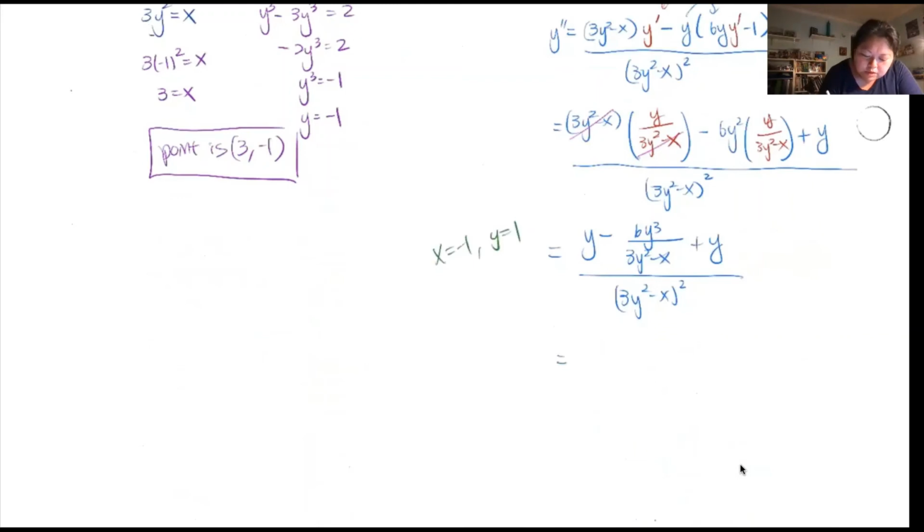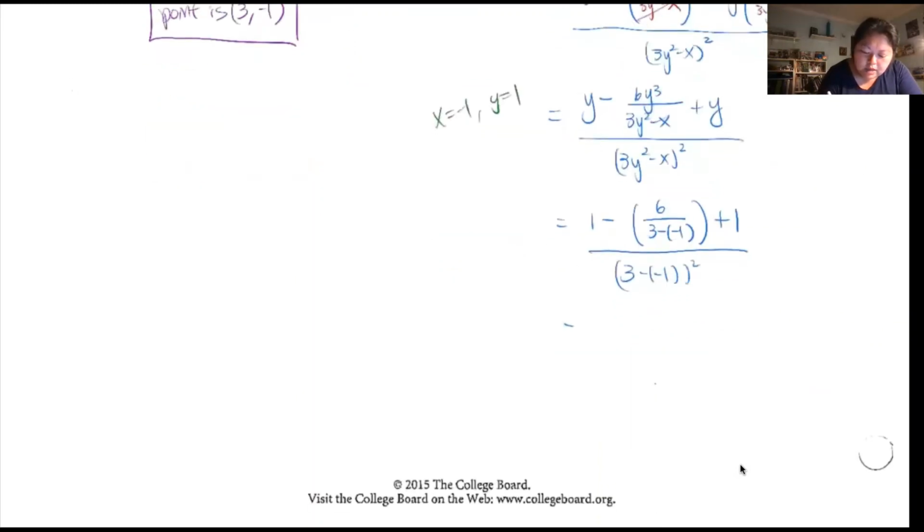All right, y equals 1, so I have 1 minus 6 times 1 is 6 over 3 times 1 squared is 3, 3 minus a -1, plus 1, all over 3 times 1 squared is 3 minus a -1, squared. Okay, so that's 1 minus 6 over 4 plus 1, all over 4 squared.